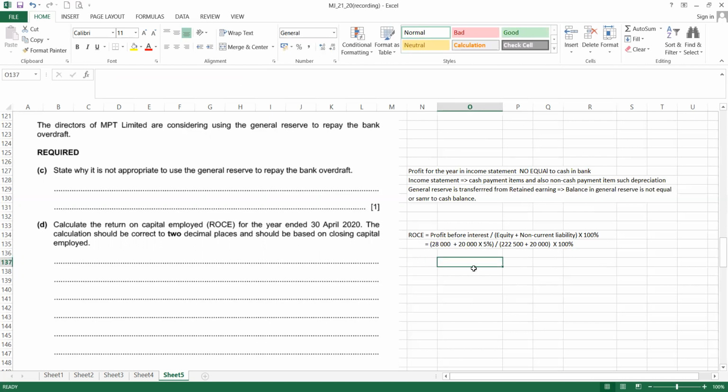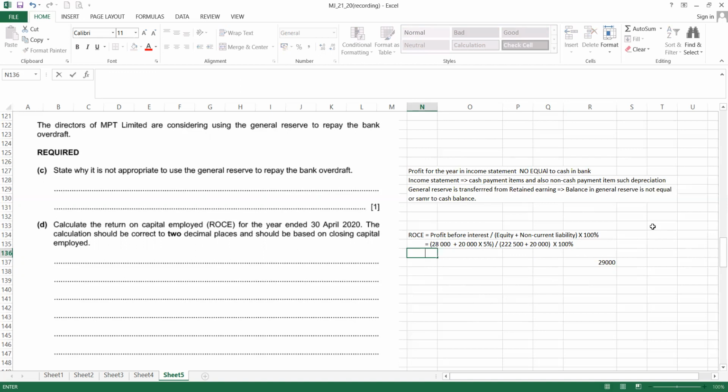Now use the calculator. I calculate first 28,000 plus 20,000 times 5%, so we get 29,000.